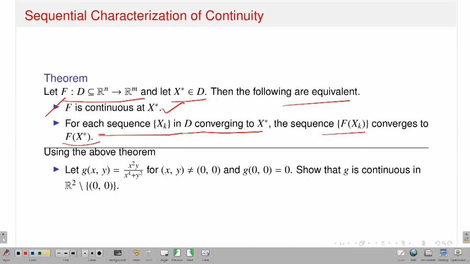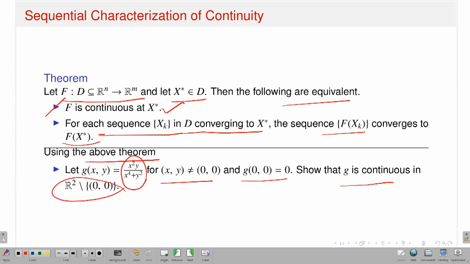Okay. So using this theorem you can prove, for example, that a function is continuous. You can do that, not an issue. So what is that function? G of xy is equal to x square y divided by x to the fourth plus y square if xy is non-zero, and g of 0 0 is equal to 0. Then you can show that g is a continuous function on R2 minus the origin, but it is not continuous at the origin.